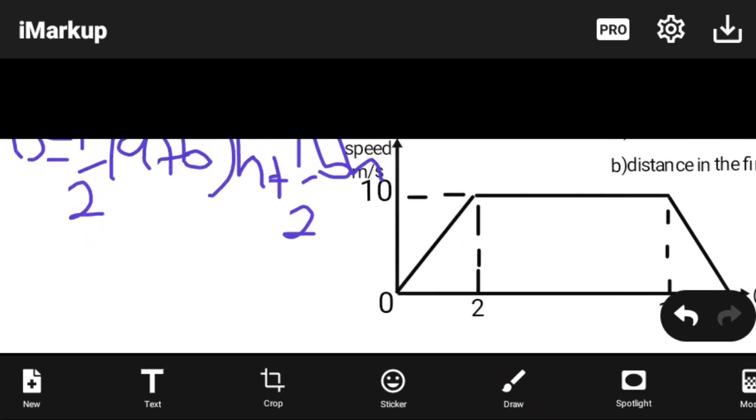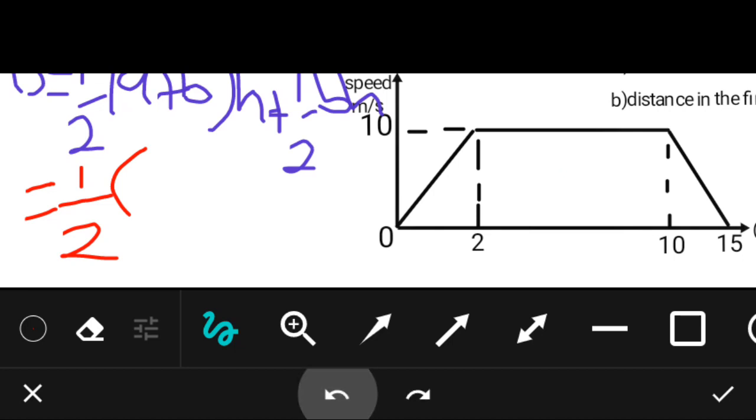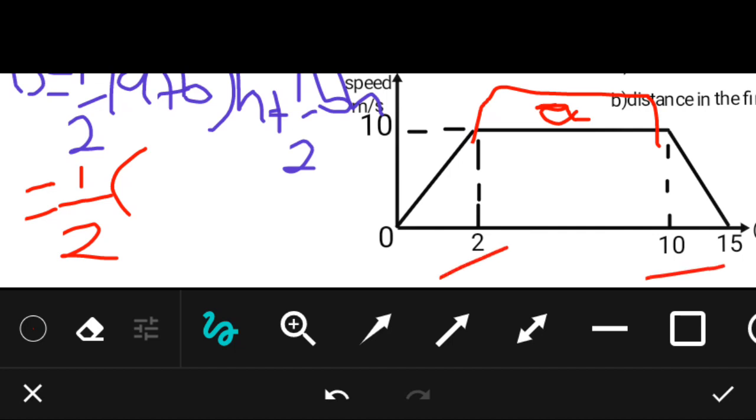So distance now, distance is equal to half, then open bracket, the area under the graph is the distance from here up to there. So area is this one, that is the area. So you need to subtract 10 minus 2, that is 8.